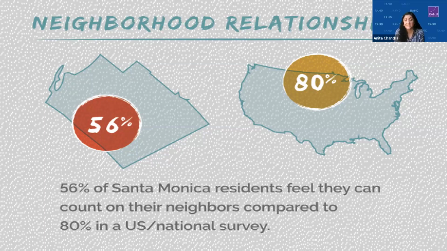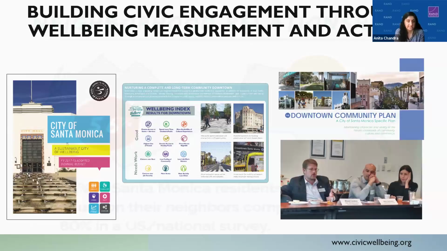One is they should be asking the question, and now more and more communities are asking the question about social connection, neighborhood relationships, but they also felt that they should do something about it. And they used this as a springboard to think about social connection, civic engagement, and civic participation in the context of their local policies and strategies. So on the next slide, there are some examples of how Santa Monica did this.